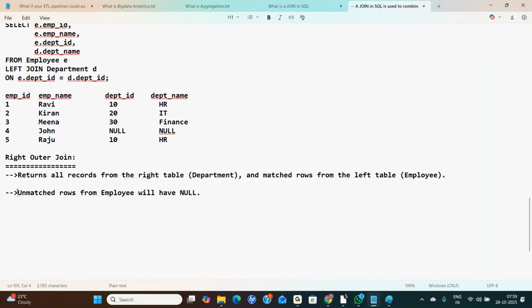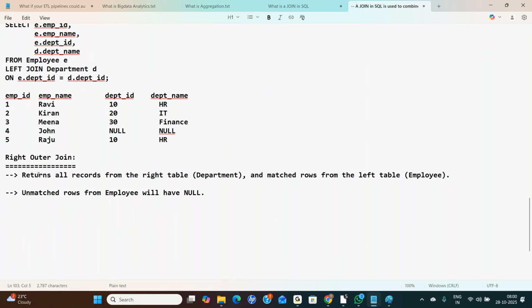Very simple. Even if you don't want to make a complicated definition, you can simply write: right outer join returns all the rows from the right table. All the rows means matched plus unmatched, but matched records only from the left table.